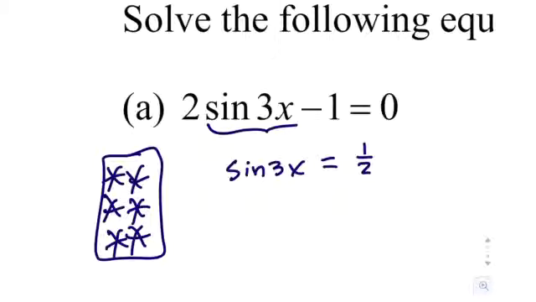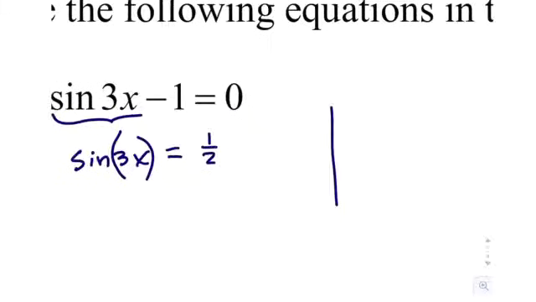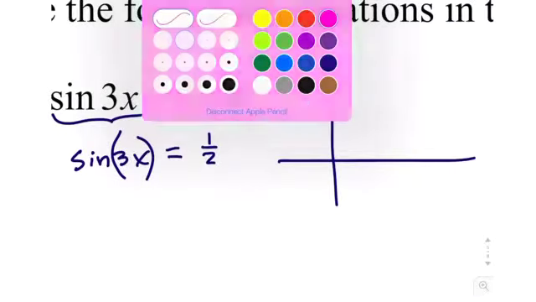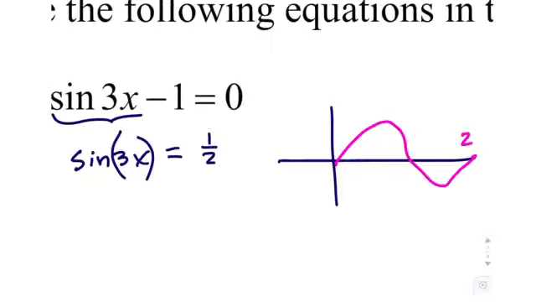Now, if there were another term in there, like plus sine of 1x, you would have to get the angles the same, and tear down the 3x. But if he's the only one in there, leave it as a 3x. Now, let me ask you this. What effect does the 3 have on the graph of sine of x? Sine of x looks like this, right, from 0 to 2 pi.